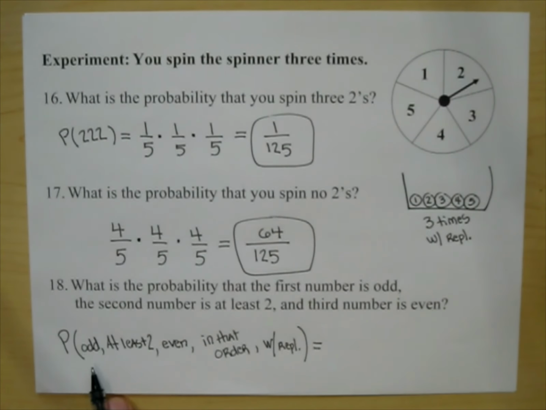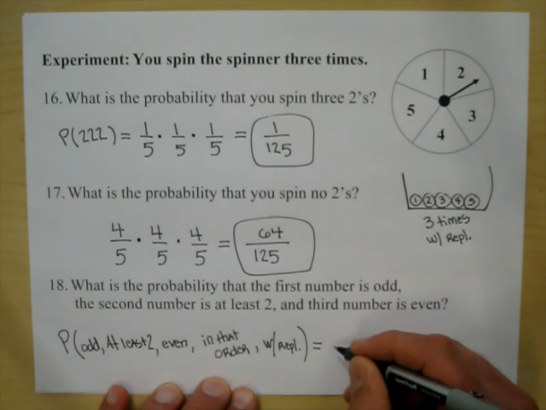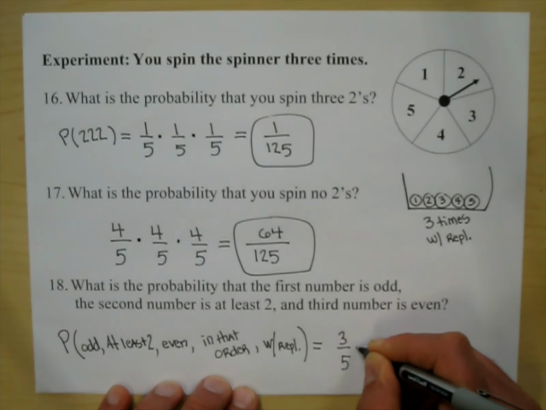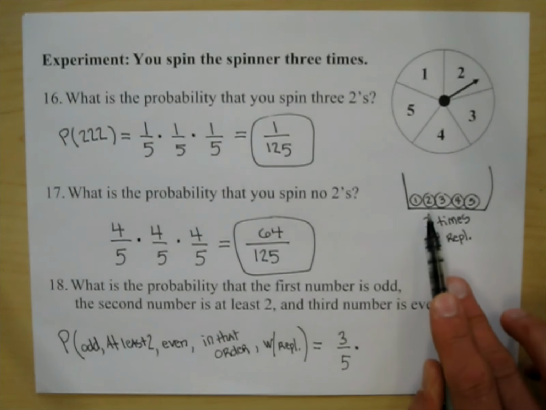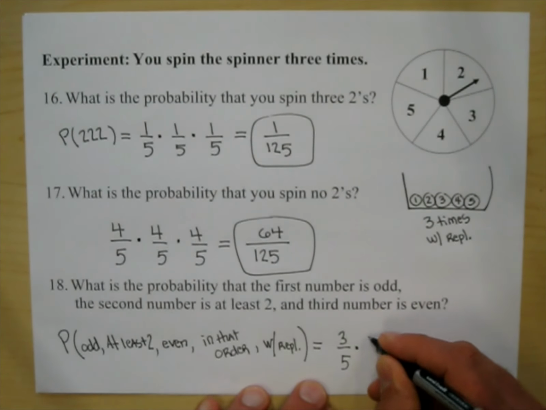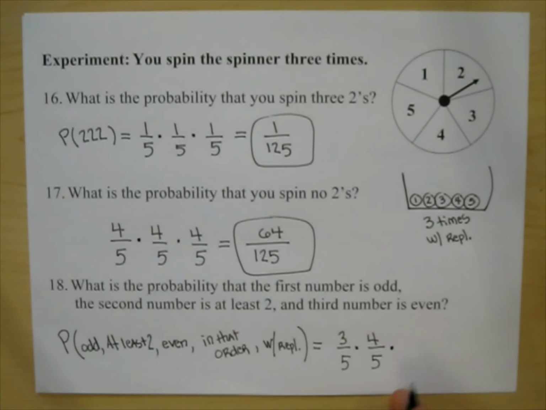Okay, what's the probability you spin an odd number? Well, there are three odd numbers out of 5, multiplied by the second thing, which is at least 2. At least 2 means 2 or more. So 2, 3, 4, 5. That's four things that we would like on that, out of 5. Even.